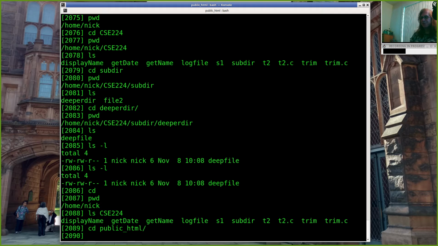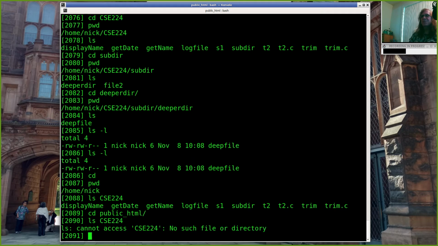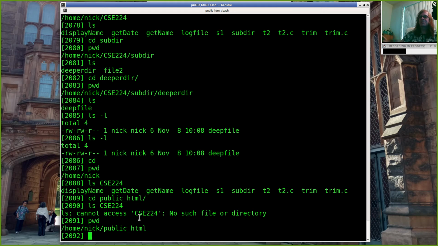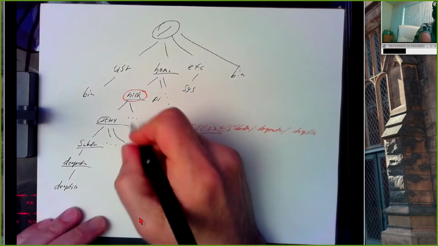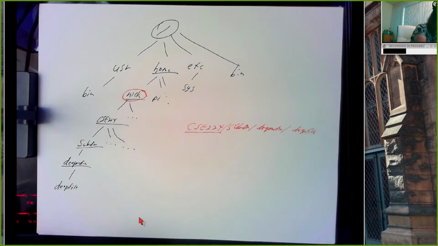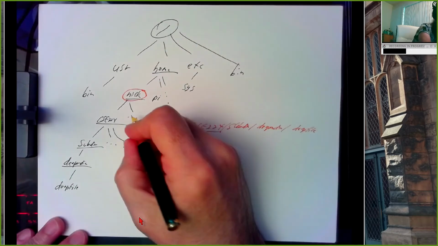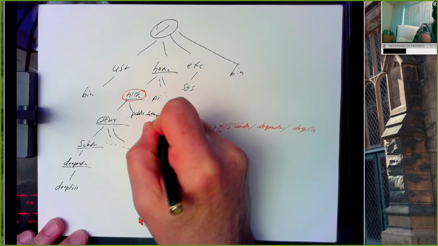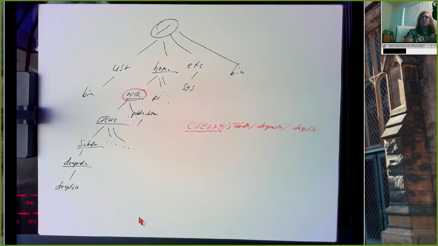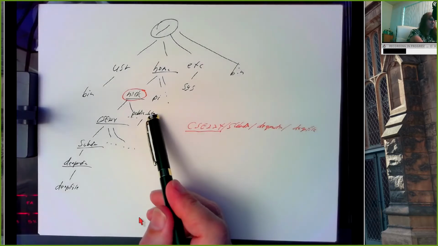Now if I go to a different directory and I type that same command, I get an error, because now I'm sitting under this different directory, /home/nic/public_html, and there is no CSE224 directory underneath this.